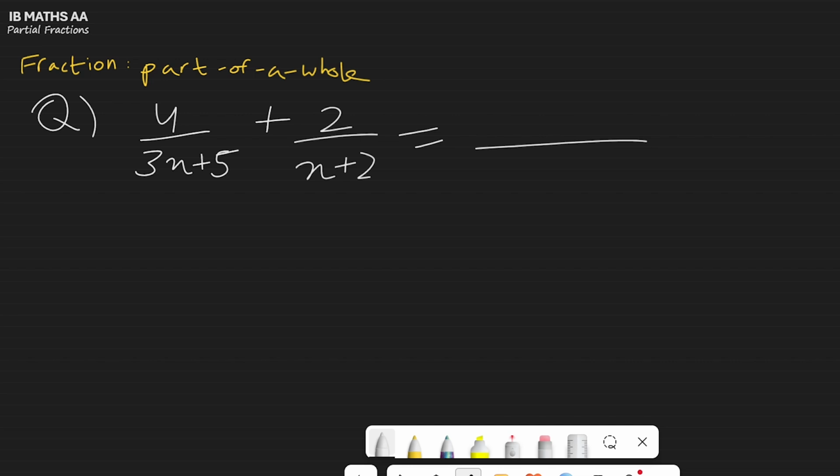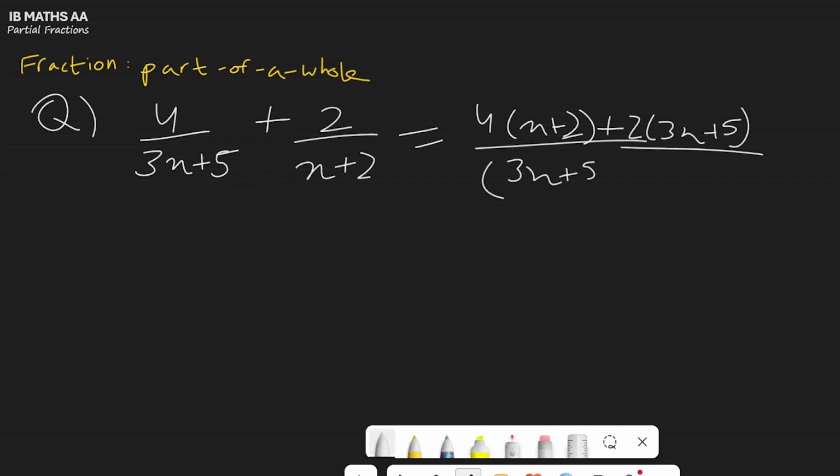We'll simply multiply x plus 2 with 4, and that would give us 4 times x plus 2, and then we will add the product of 3x plus 5 and 2, which would give us 2 times 3x plus 5. And then in the denominator we would multiply the two, so this would give us 3x plus 5 times x plus 2.